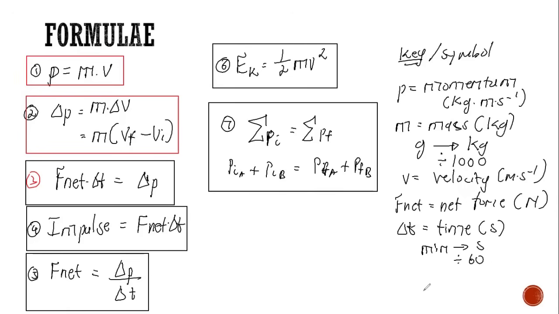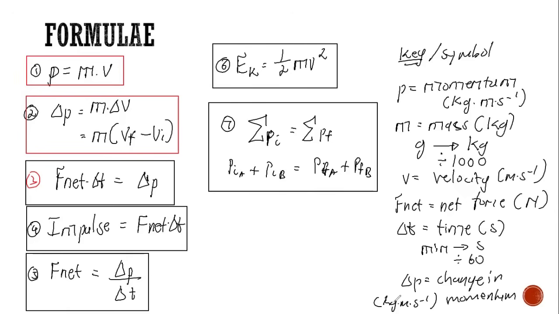And then change in P is simply the change in momentum, right? There's a difference. If you only see P, it's momentum, but if it's change in P, it is called the change in momentum. It is still the same SI unit, kg meters per second, right?